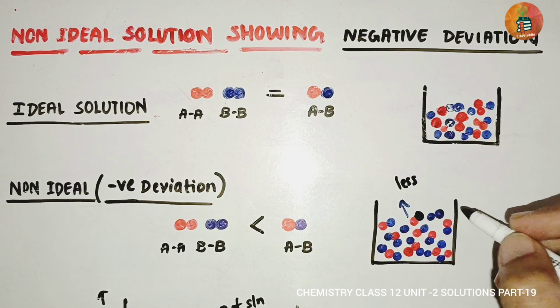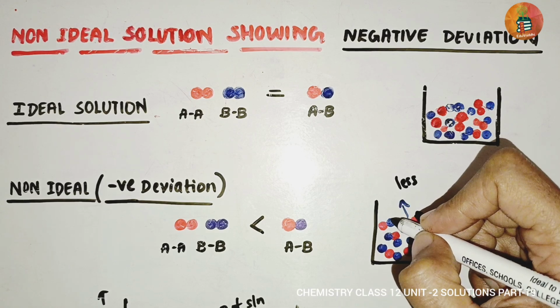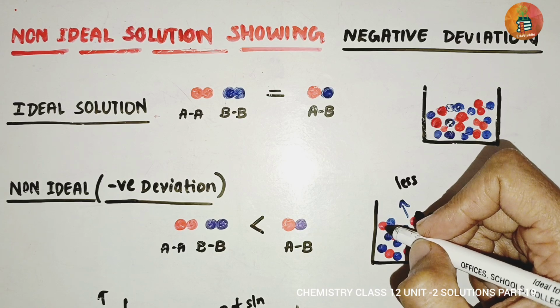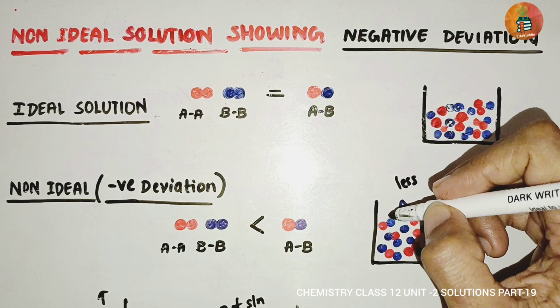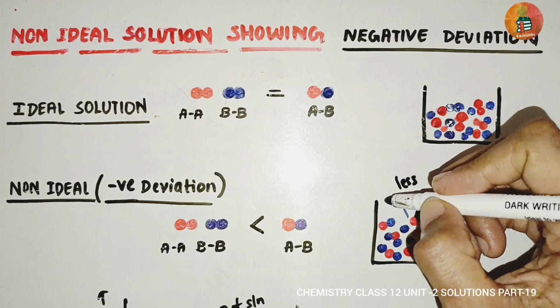Similarly, if you take the solvent component or component B, it will also have intermolecular attraction with component A. So here also it should overcome that force to escape.